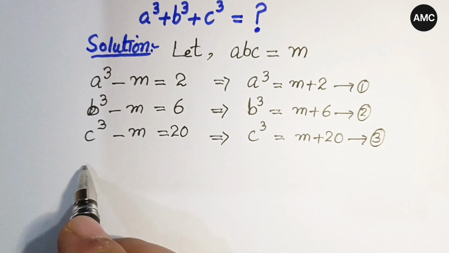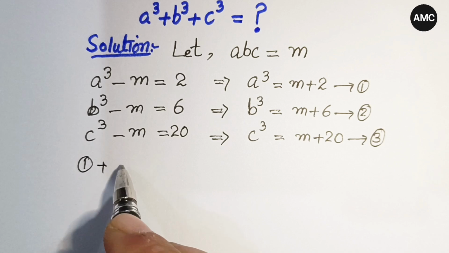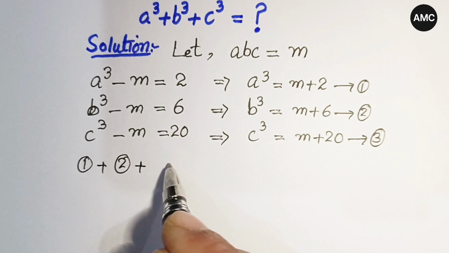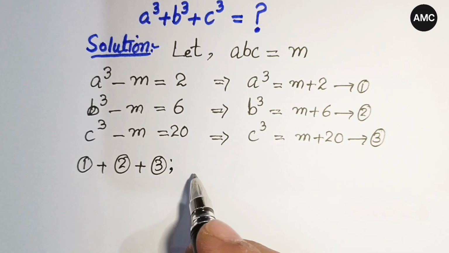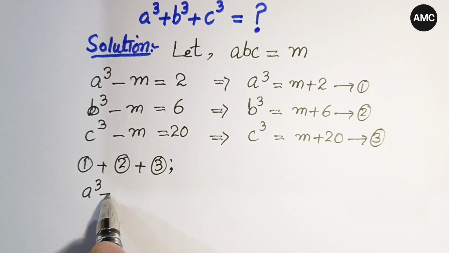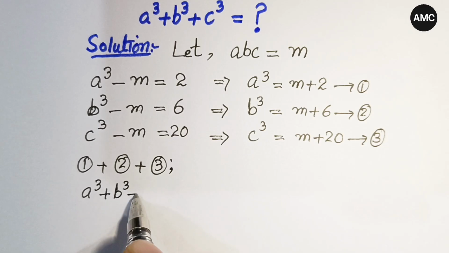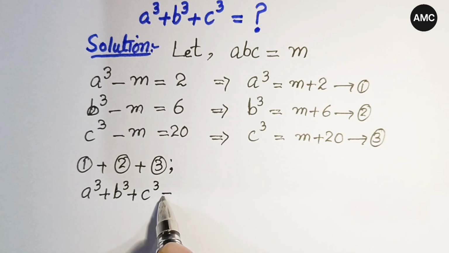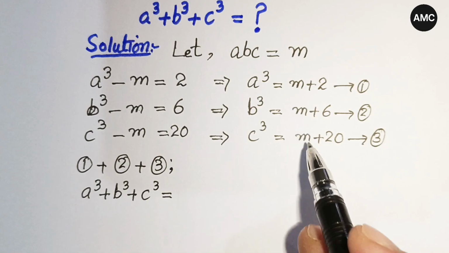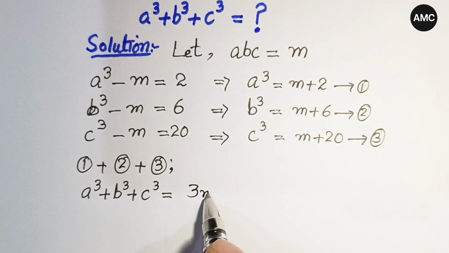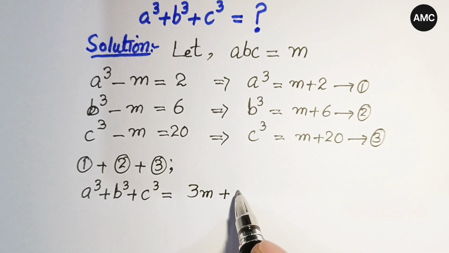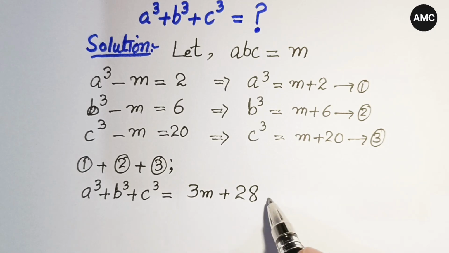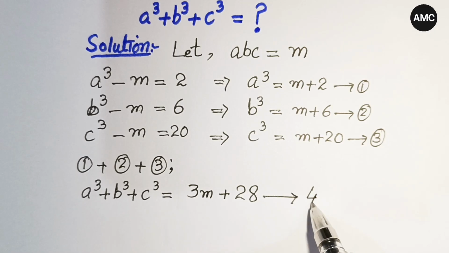So adding equation 1 plus equation 2 plus equation 3, then we get here a cubed plus b cubed plus c cubed is equal to, here m plus m plus m, we get 3 times m, plus 6 plus 2 is 8, plus 20 is 28. So let's say it is our equation number 4.